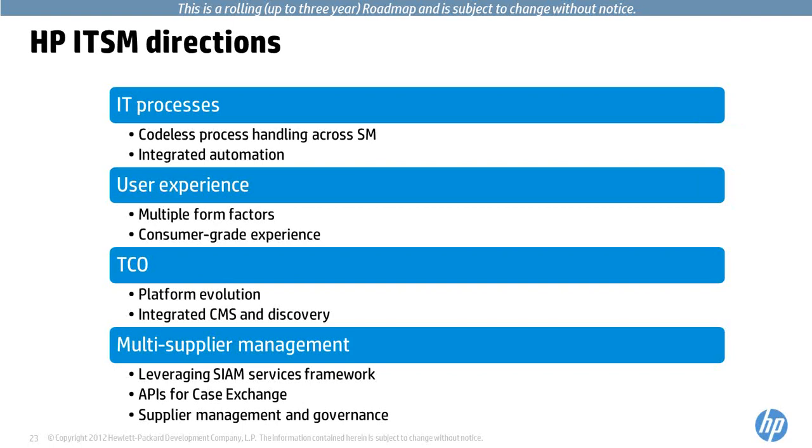The second sub-bullet of the IT processes direction is the fact that we're integrating automation now systematically in all processes. So this is the direction we want to take. We'll see how it translates in terms of roadmap.